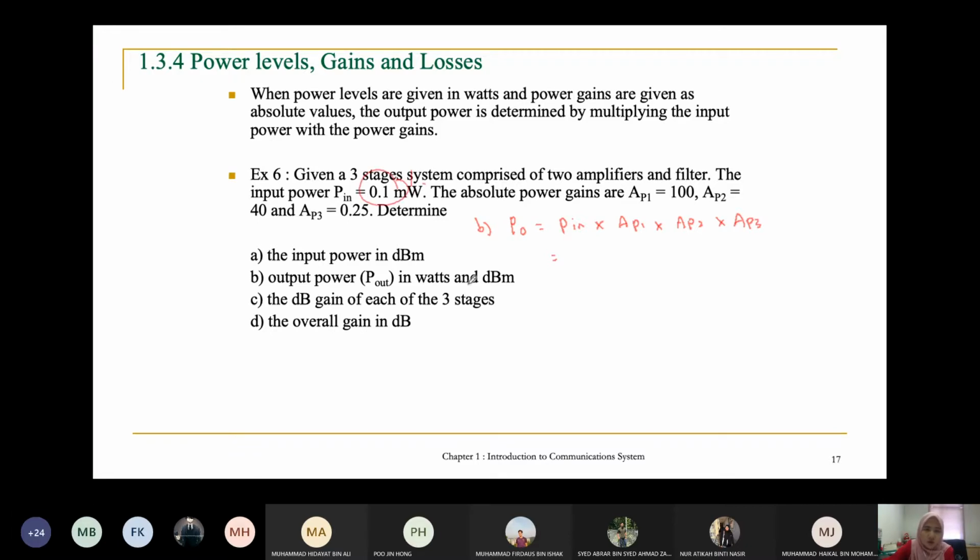Do not use the values in question A. In A, you already calculated in dBm, so do not use the input power in dBm. Use watts. So 0.1 milli multiply with 100 multiply with 40 multiply with 0.25, you will get 0.1.